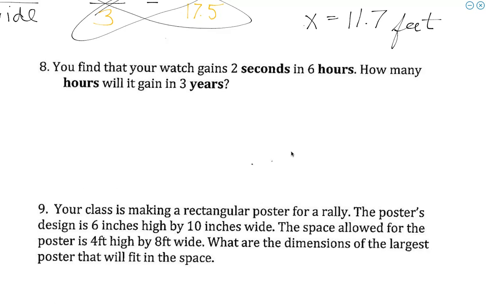And here's a good explanation of that right here. You find that your watch gains 2 seconds. So it gains 2 seconds every 6 hours. So how many hours will it gain in 3 years?